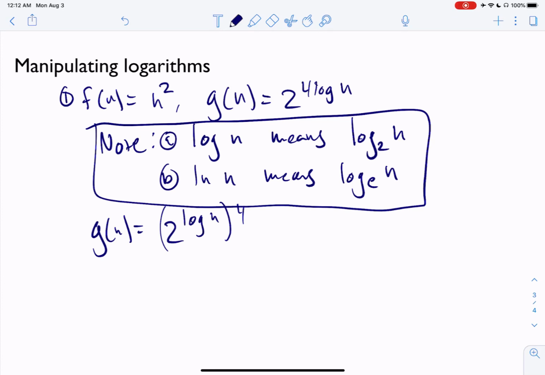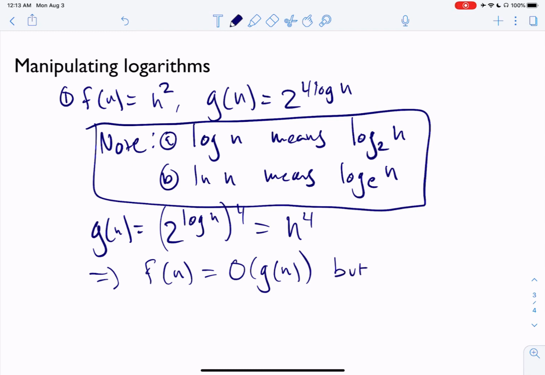This makes our life a lot easier because 2 to the log base 2 of n is simply n. This just becomes n to the 4th. So we can conclude that f of n, which is just n squared, does equal O of g of n, but g of n does not equal O of f of n.